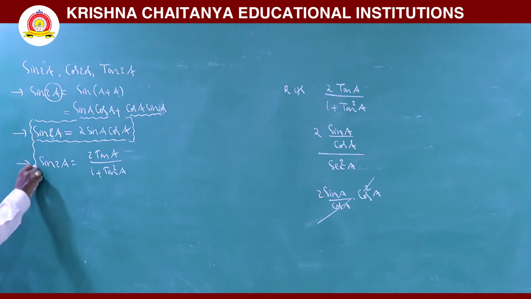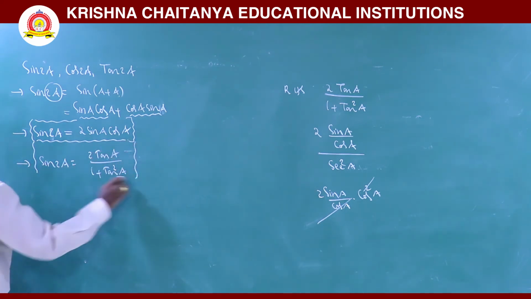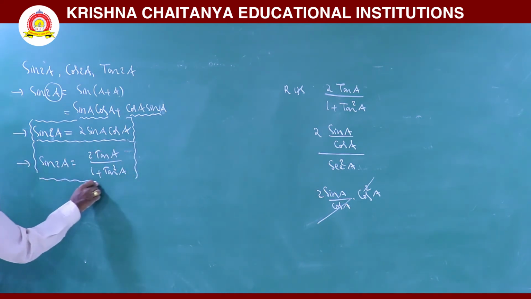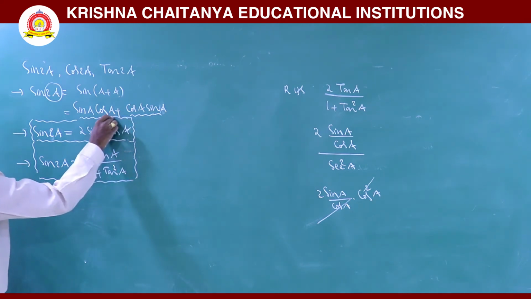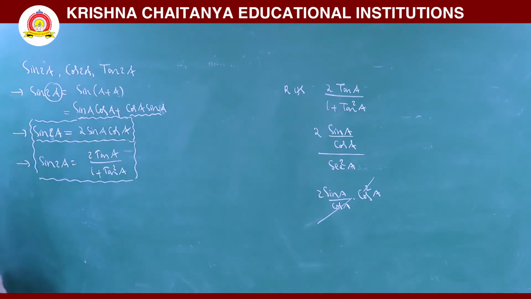So sin 2A has 2 ways: one is 2 sin A cos A, another is 2 tan A divided by 1 plus tan square A.